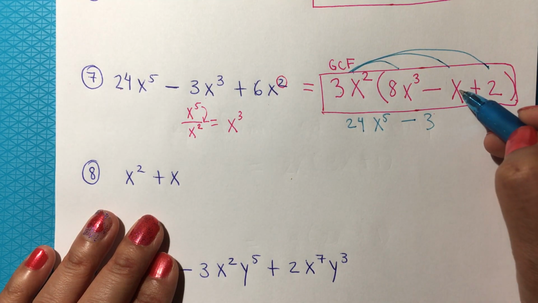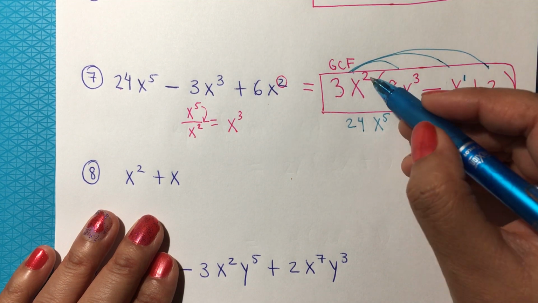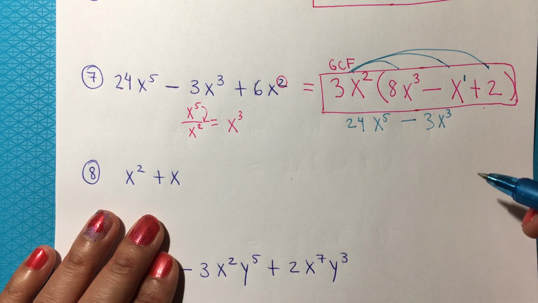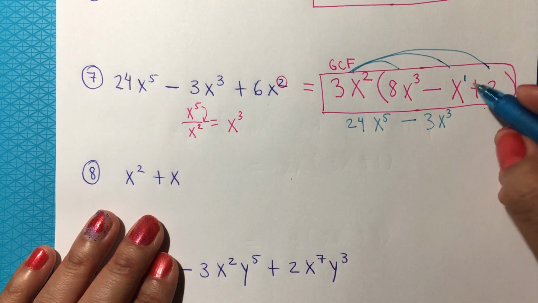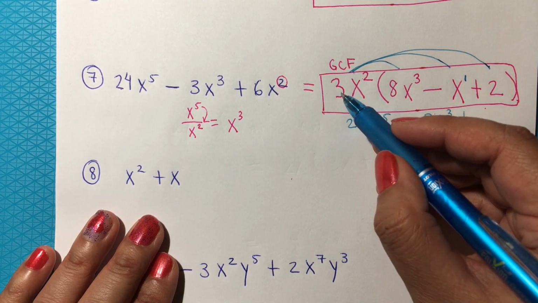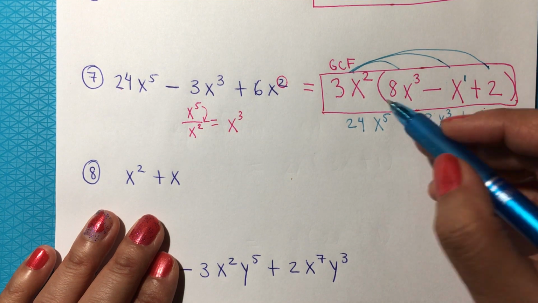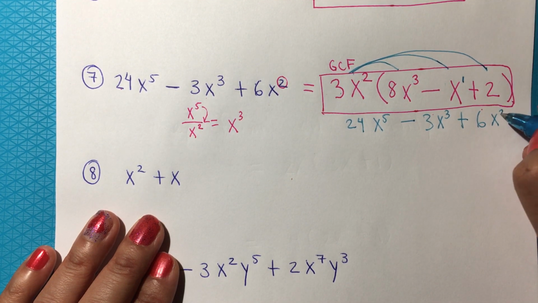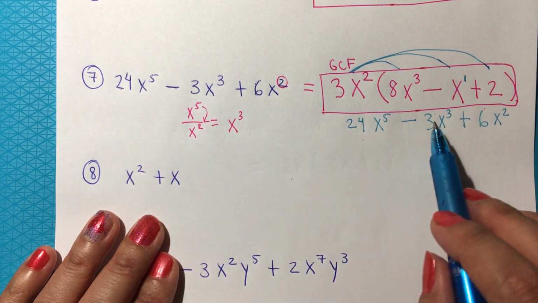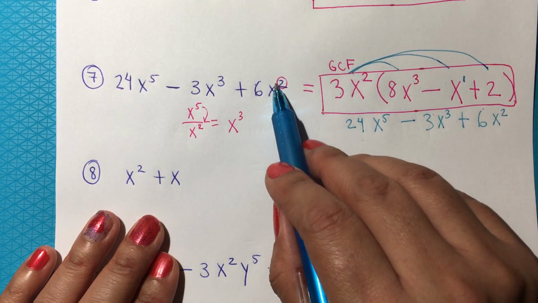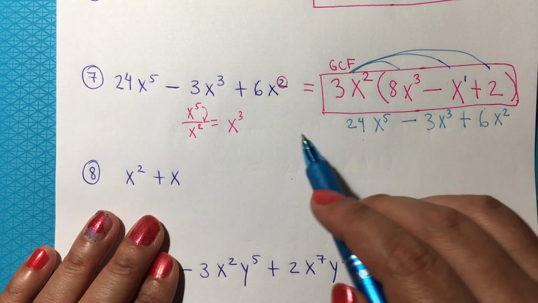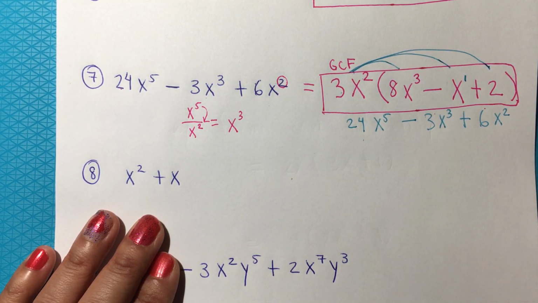X squared times x, there is a 1 in there. We add the exponents, so x to the 3rd power. 2 plus 1 is 3. Then positive times positive is positive. 3 times 2 is 6. And x squared, we don't have anything else in here. We just bring down the x squared and check to make sure that they have the same terms.